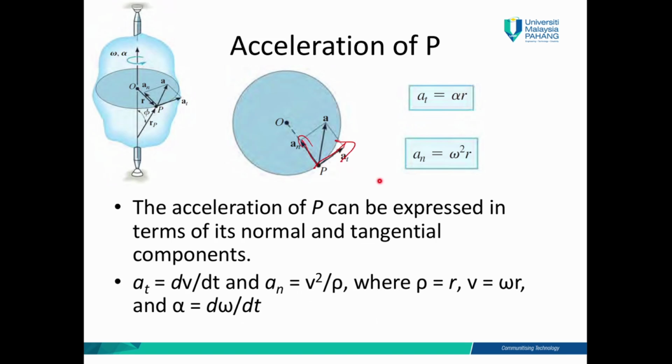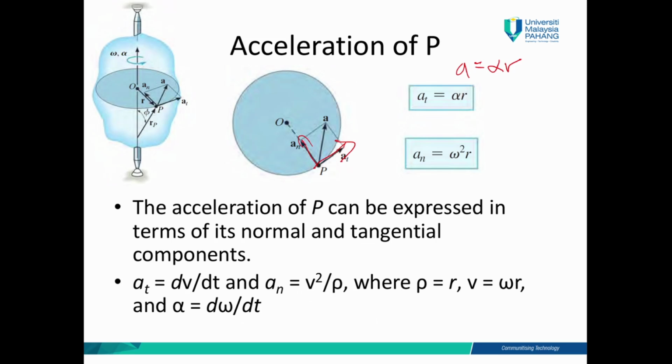So for angular values, it is the same, because we already know that a_t is equal to dv/dt, which is alpha times the radius.